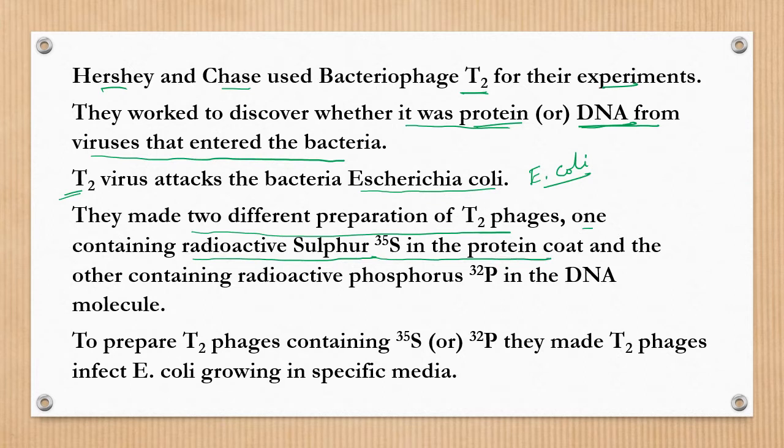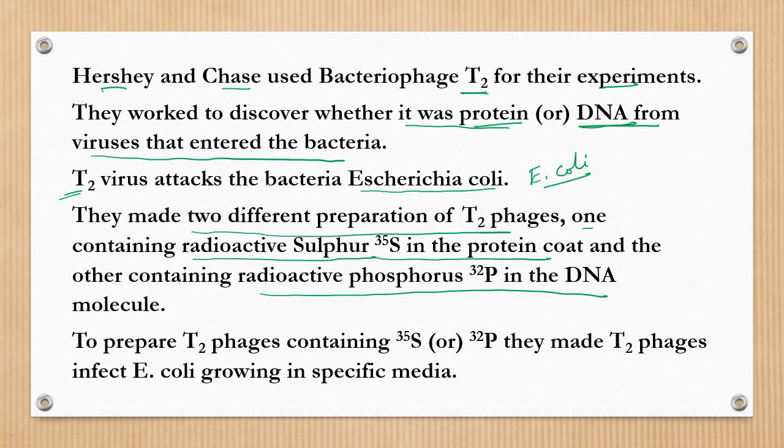And another preparation with radioactive phosphorus. Where is phosphorus present? In DNA. Already I said previously, remember it. Protein consists of carbon, hydrogen, oxygen, nitrogen and sulfur. So radioactive sulfur is in the protein coat and radioactive phosphorus is present in the DNA molecule.